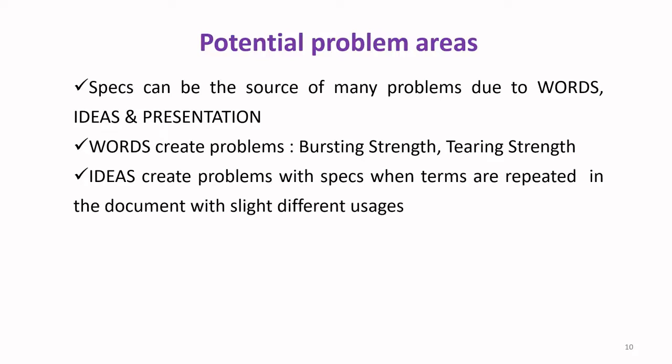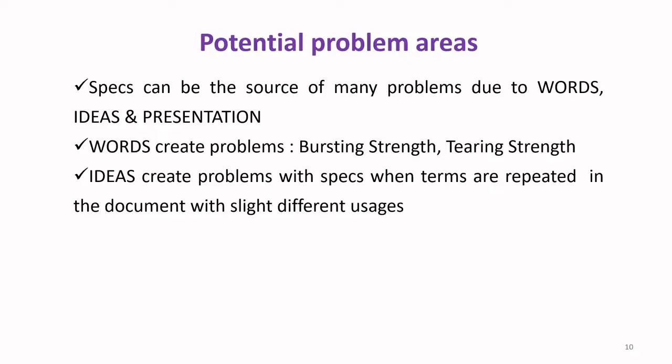Ideas create problems with specification when terms are repeated in the document with slightly different usages. Now, this is something which often happens. One time you have used the term good for something, and within that same booklet, within the same text, in another paragraph, you are using the term good signifying something else.